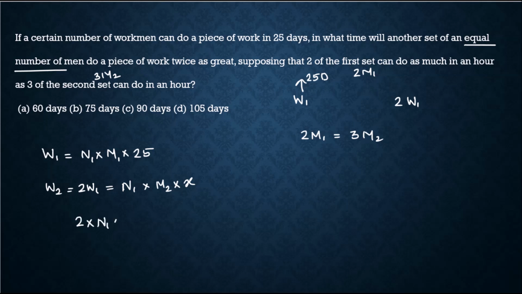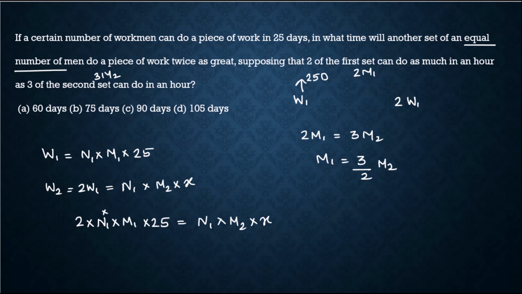We can equate both because 2W1 equal to W2. So what can you write? 2 into N1 into M1 into 25 equal to N1 into M2 into X. Since in the beginning itself they told that number of men working are same, you can eliminate the factor of N1. But for better understanding, I just used that. Okay. So we know that 2M1 equal to 3M2. That means M1 equal to 3 by 2 M2.